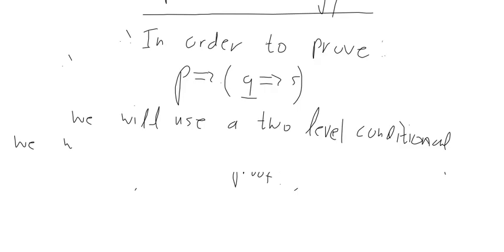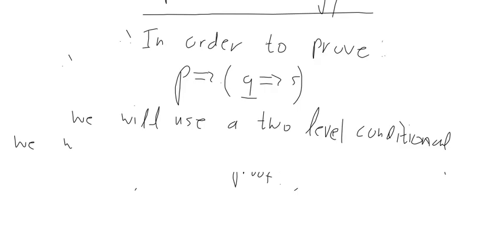You can use this type of format to determine whether or not what you or the other person is saying is making sense or not. But you have to translate these from the symbolic logic that I have here into the actual words. So the first thing we're going to look at, because we want to get that P implies, Q implies S, we know that's going to be a two-level conditional proof.